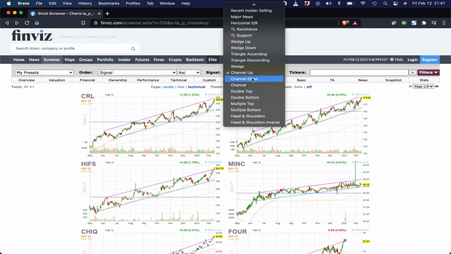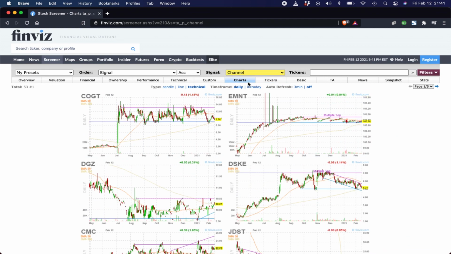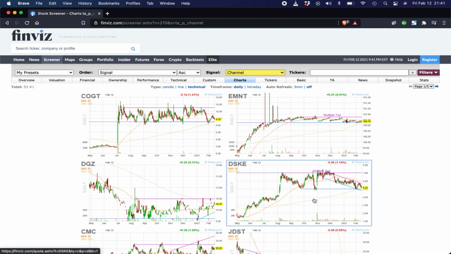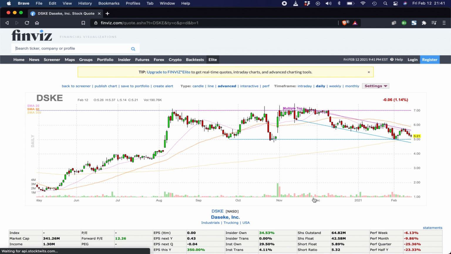Let's look at channel. Channel would be fairly similar to the horizontal support and resistance, but again, you have to look at the chart to see whether it's at support or whether it's at resistance, or if it's in between the two. So here, the channel is, again, a range bound stock. Stock is nearing support levels, so you can consider going long.